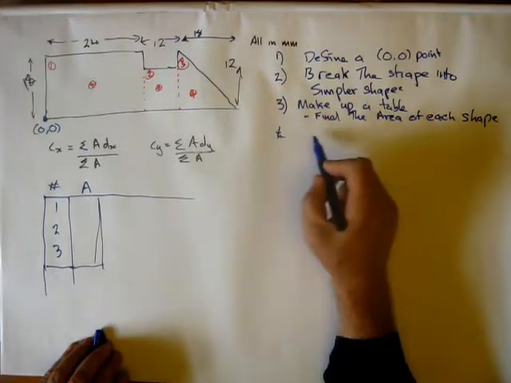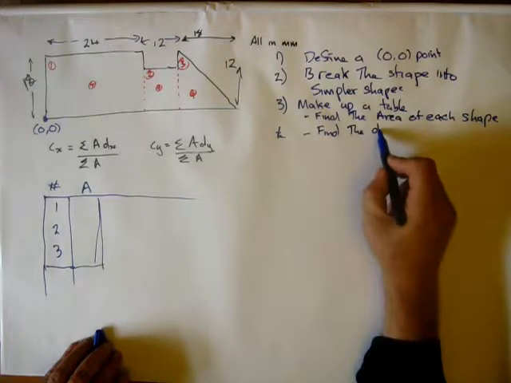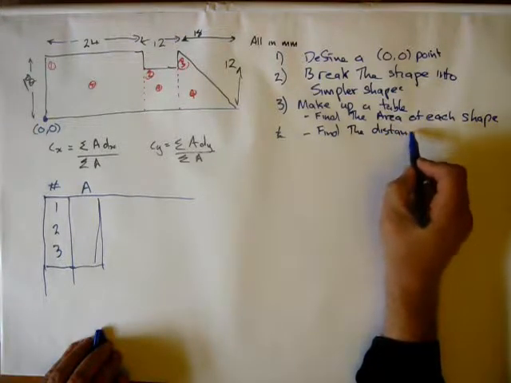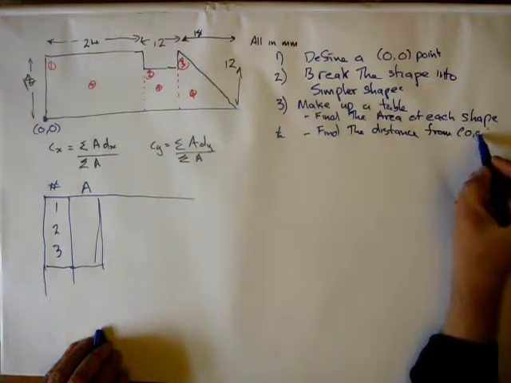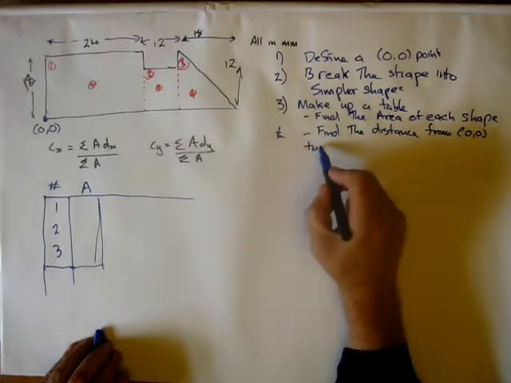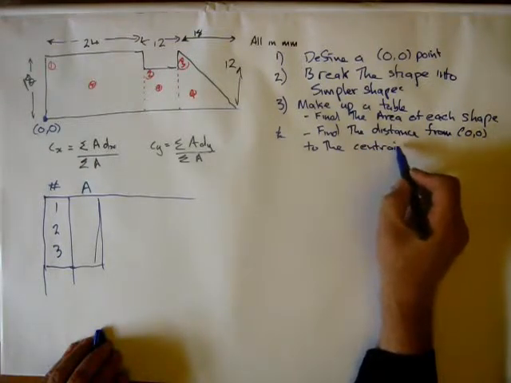Find the distance from 0, 0 to the centroid for each shape.